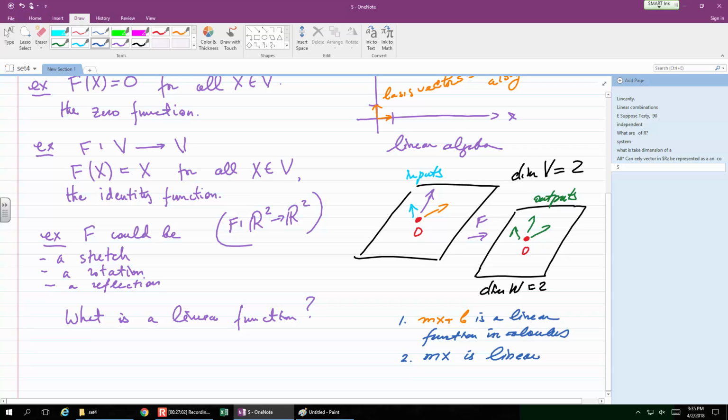It is common in linear algebra to refer to what we actually wanted to study as linear operators, which is just a fancy word for function. Okay, and the answer is, this is the definition, a tough one. A function is linear if it preserves linear combinations.